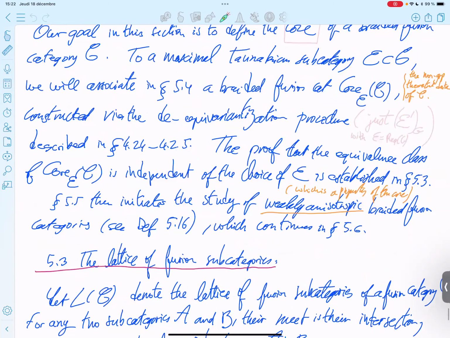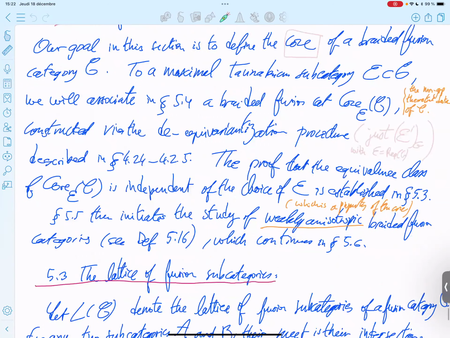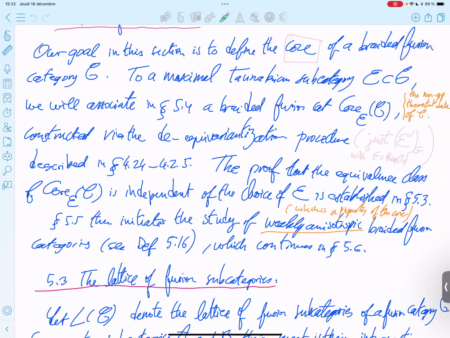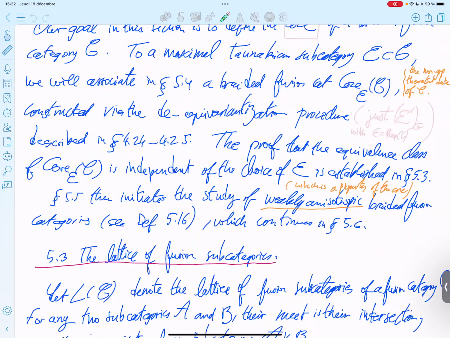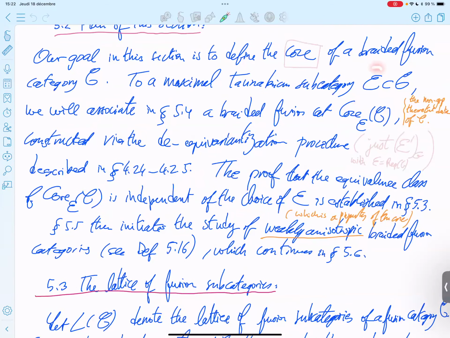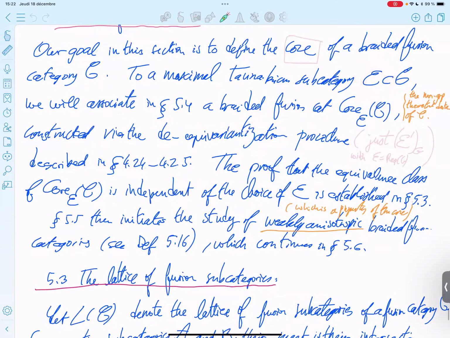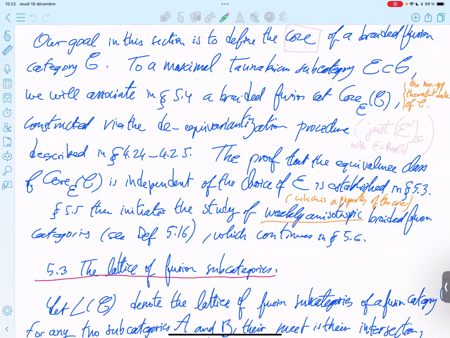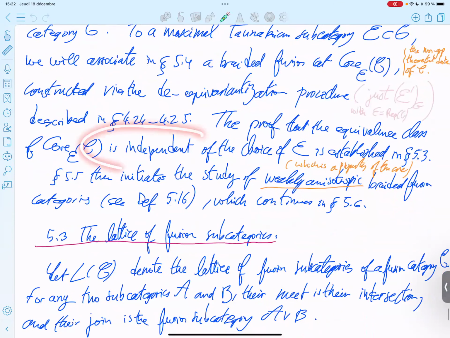Remember that this notion of core of a braided fusion category is a way to extract the non-group theoretical data from a category. You need to choose a maximal Tannakian subcategory, but in fact we will show that it is independent of the choice up to some isomorphism.